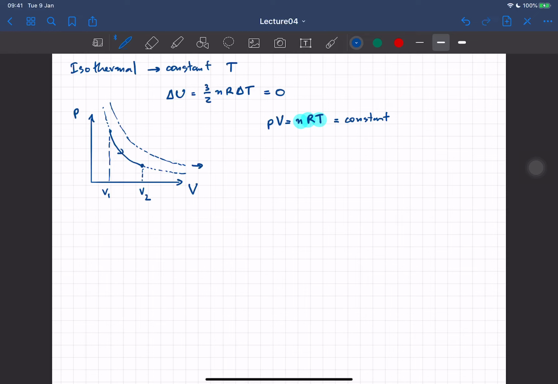These sometimes are called isotherms, which is essentially the hyperbola of different temperature on the PV diagram.